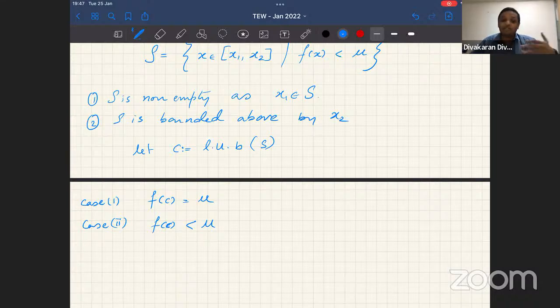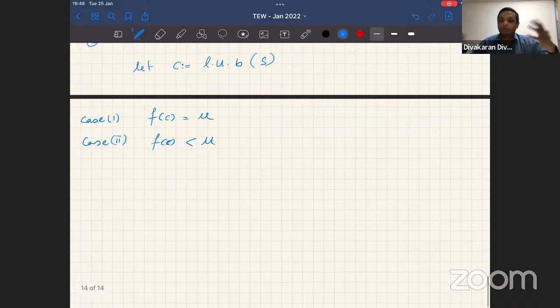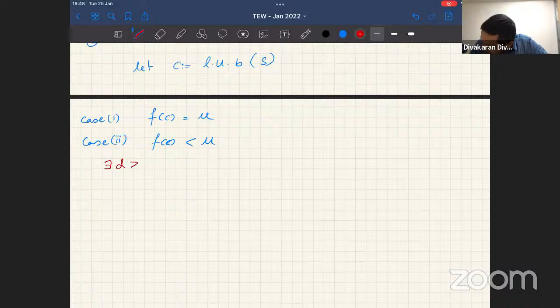Let's see how we prove that. What we are going to prove, let me write that in red here, is that there exists a D strictly greater than C such that f of D is also less than mu.